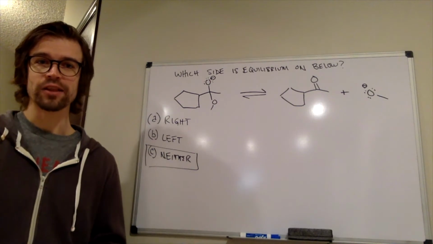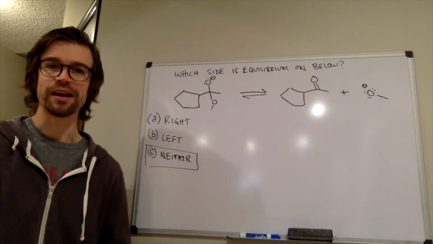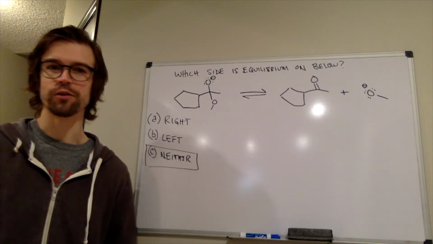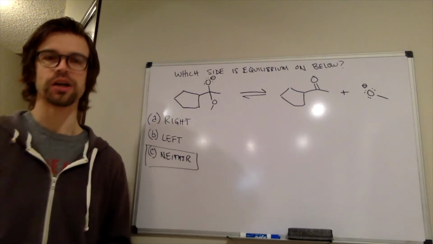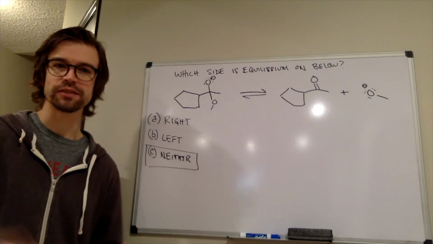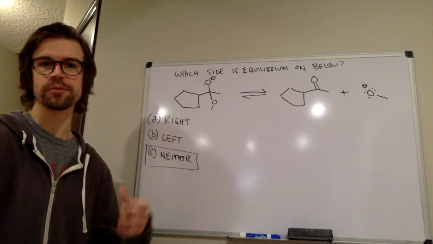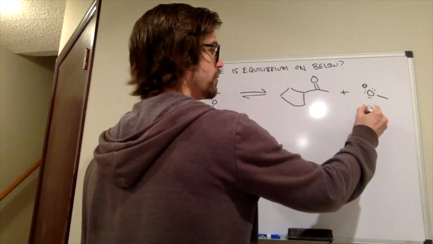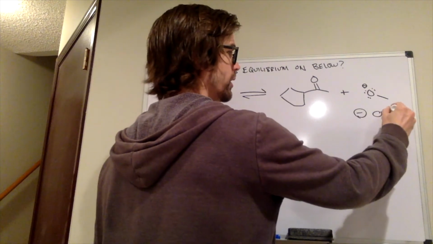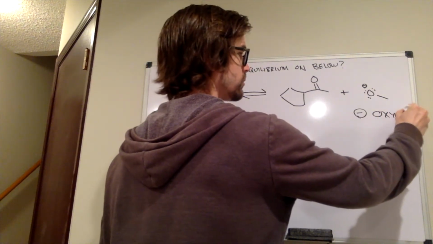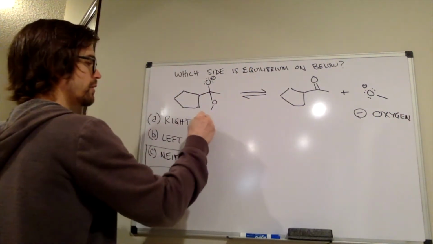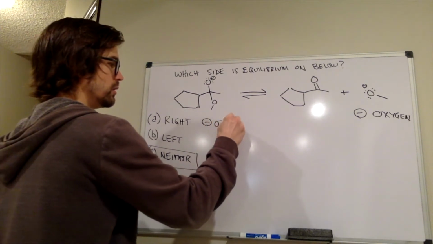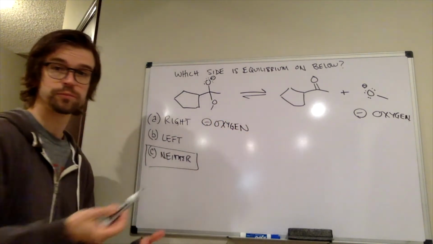What are we good at looking at the stability of? Anions, or essentially ions in general. If we have something positively charged or negatively charged, it's relatively easy for us to say, oh, it falls here on the periodic table, it's either stable or unstable. And what we have here is a negative oxygen over here, and we also have a negative oxygen over here.